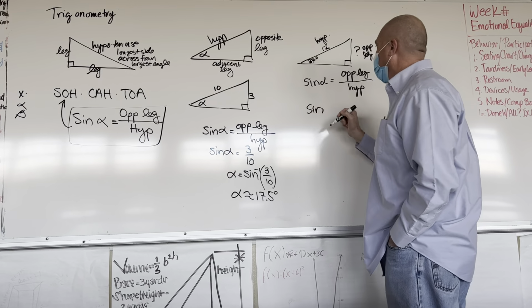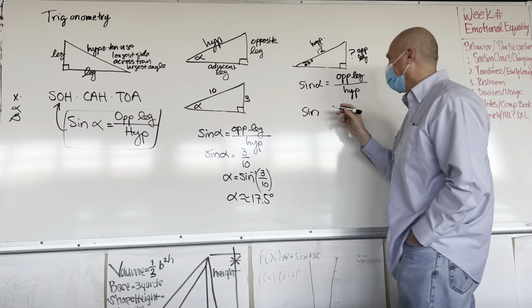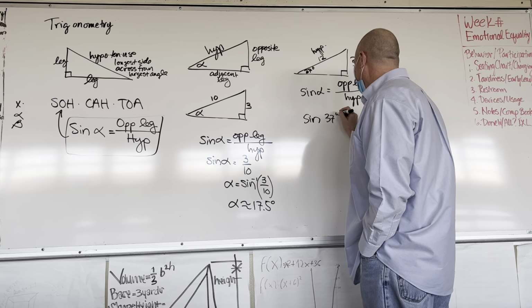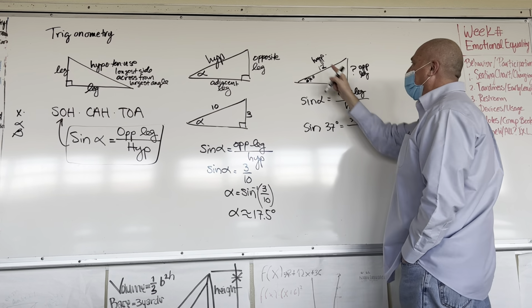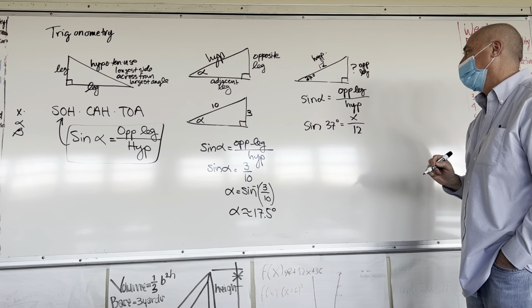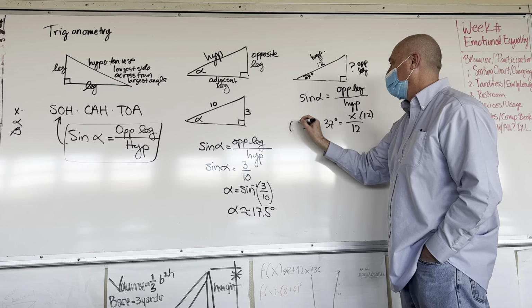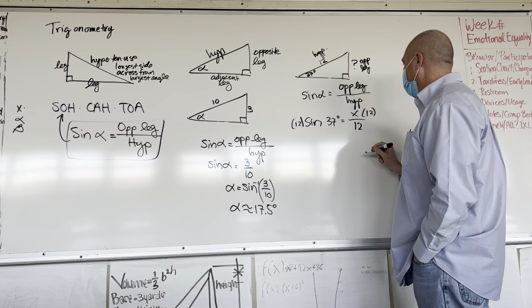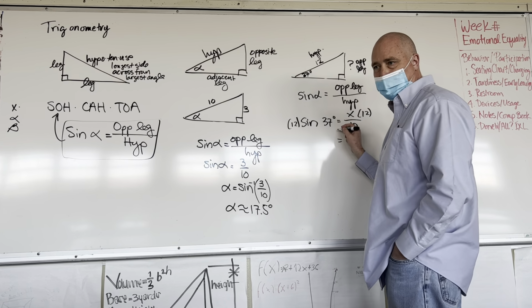In this case, we have 37 degrees. Sine 37 degrees equals op leg is an x, height is 12, and now we're going to do some algebra. We're going to rearrange some things. We're going to multiply both sides by 12. And we're going to get x equals 12 sine 37.